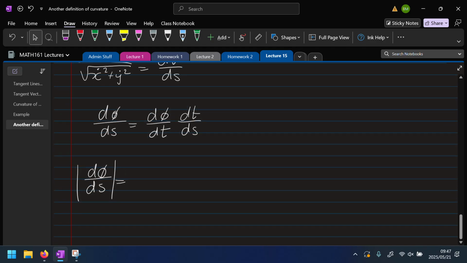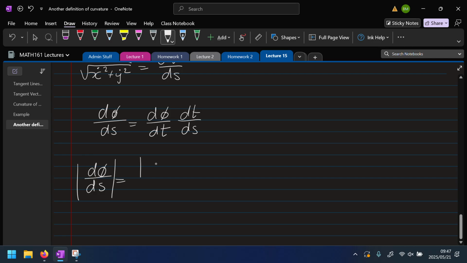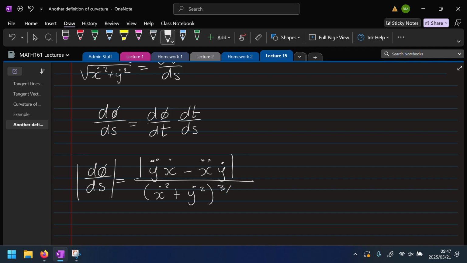So this is going to be the absolute value of that numerator we had before, the y double dot x dot minus x double dot y dot. So you can see how they alternate. You've got two derivatives of y, one derivative of x, two derivatives of x, one derivative of y. So they swap there. And then all of this is divided by x dot squared plus y dot squared to the 3 over 2.